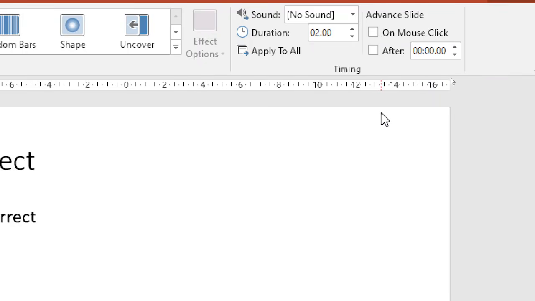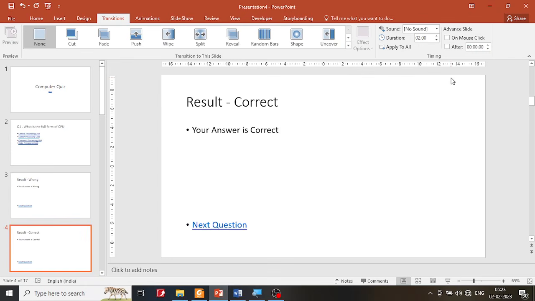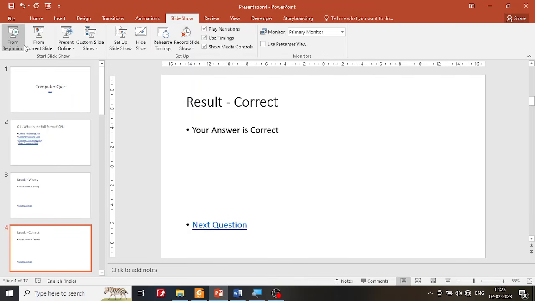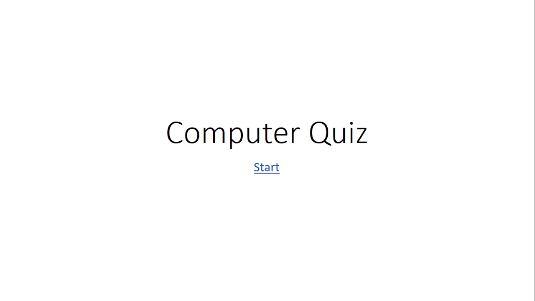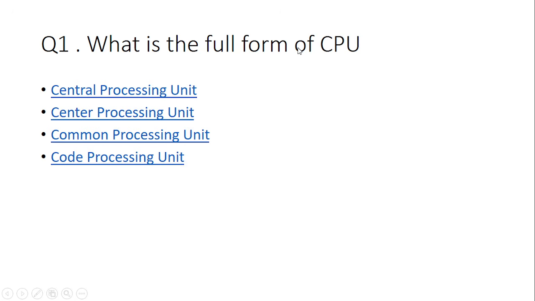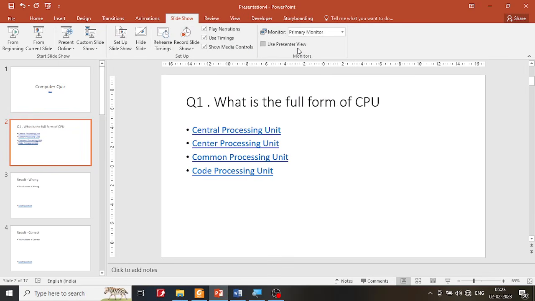Now this time PowerPoint will not go to the next slide when you click anywhere in the slide. So you have removed it. Go to the slideshow and begin. You can press function key F5 to start it, but if you don't know, just go to the slideshow and from the beginning, so you have it. Now if I click, oh, did I remove that?